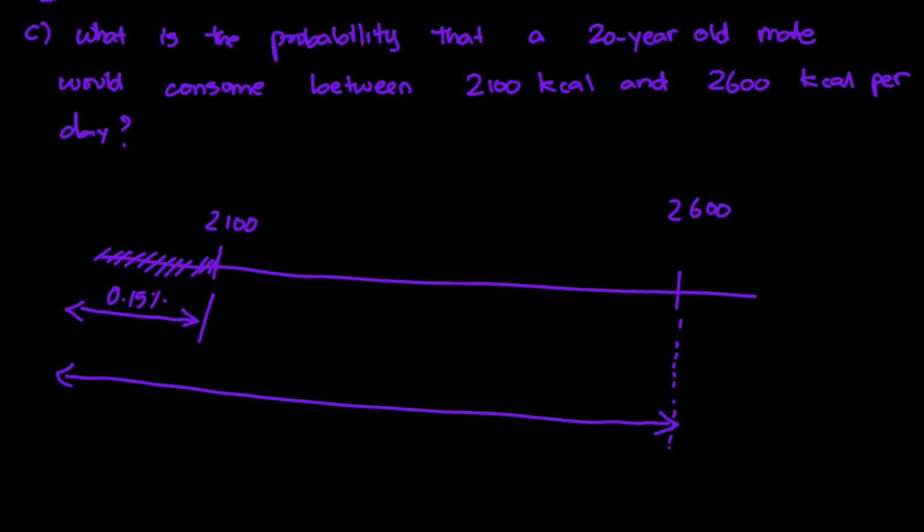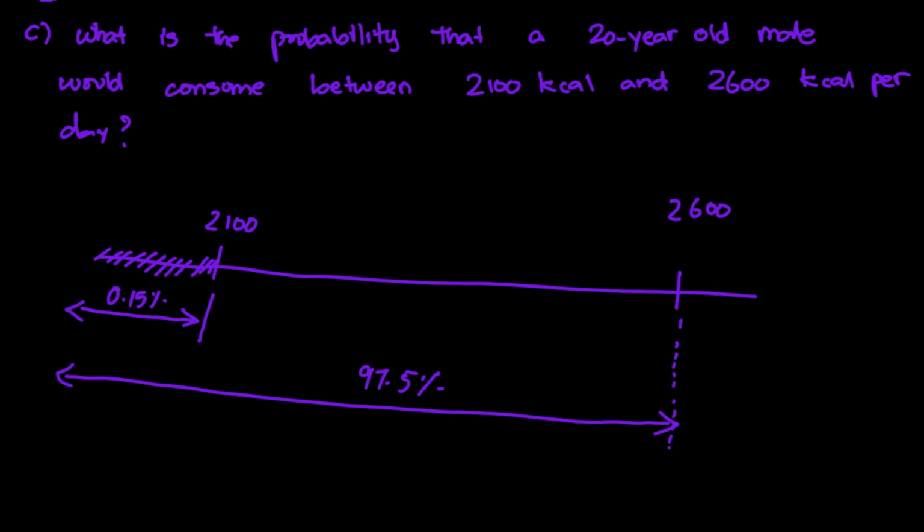So the probability of seeing any observation below 2600 kilocalories is 97.5%. The probability of seeing any observation below 2100 kilocalories is 0.15%, and any observation below 2600 is 97.5%.